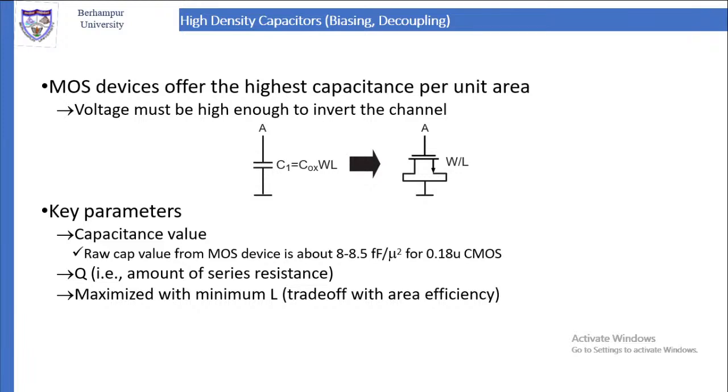Now, in this case, most devices offer the highest capacitance per unit area. That is a major advantage. Per unit area, you will get maximum capacitance using MOS.